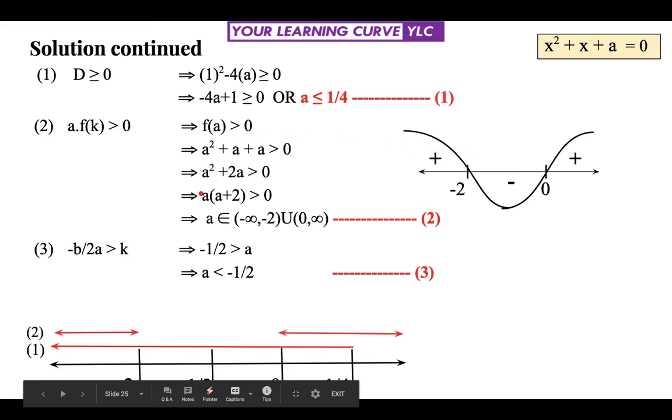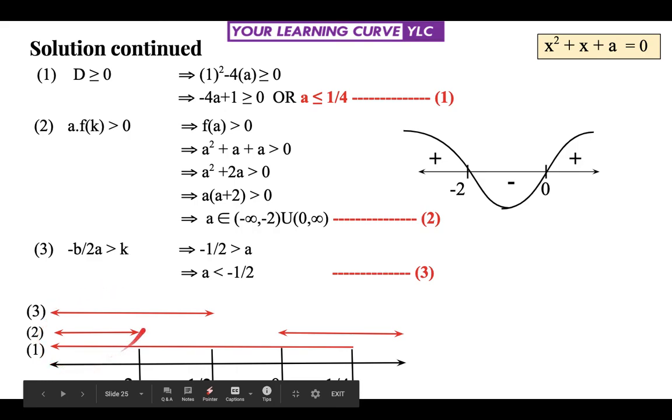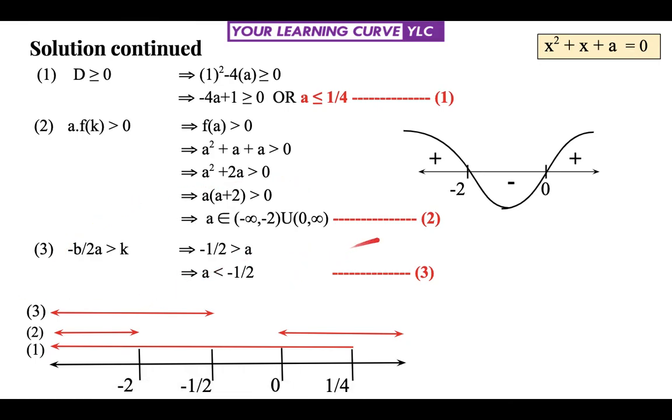Second inequality is a belongs to minus infinity to minus 2 and 0 to infinity. Third inequality, a is less than minus half. So you see that all the 3 inequalities are satisfied only in this portion of the graph. So what will be our answer? A belonging to minus infinity to minus 2, that is a is less than minus 2.